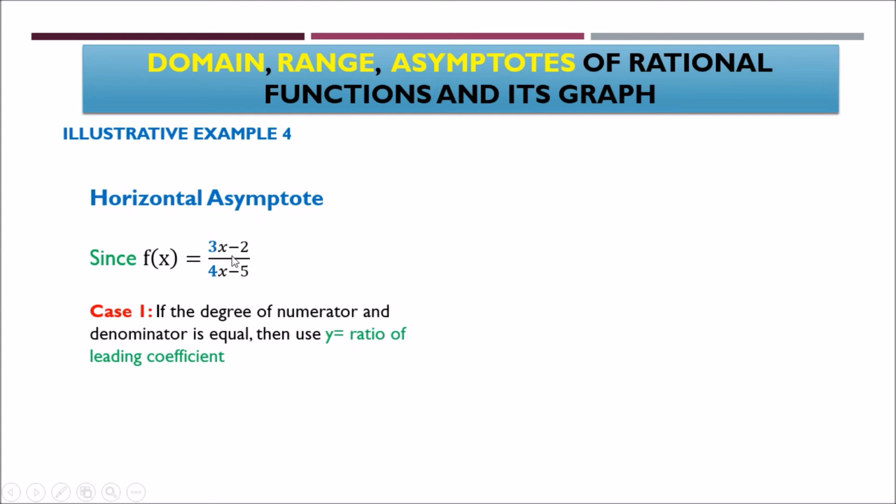The degree of the numerator polynomial is 1 because the exponent of x is only 1, and the degree of the denominator polynomial is also 1, so they are equal. So we use the ratio of the leading coefficients. The horizontal asymptote is y equals 3/4. And that's it for the vertical and horizontal asymptotes.